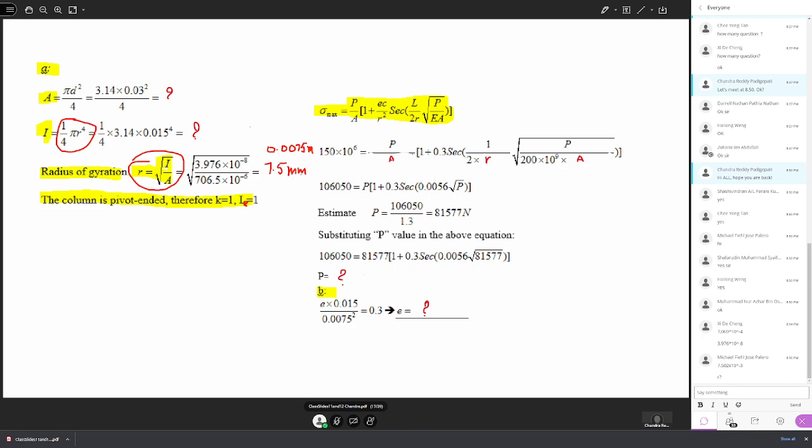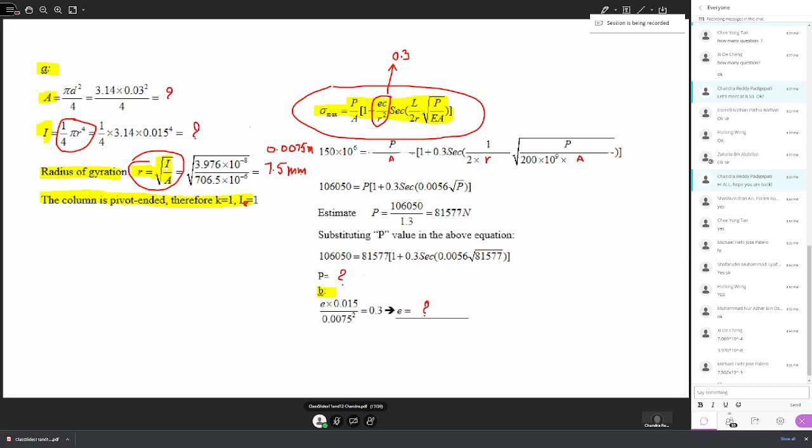Once you calculate these things, then we look at the secant formula. The maximum stress is P over A times 1 plus ec over r squared. This is the eccentricity ratio, and the value of this is given as 0.3. Okay, so we know the eccentricity ratio.